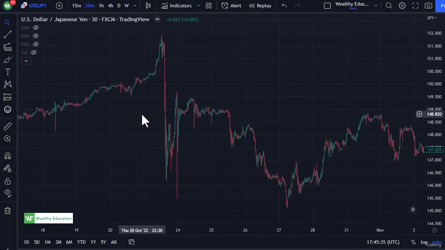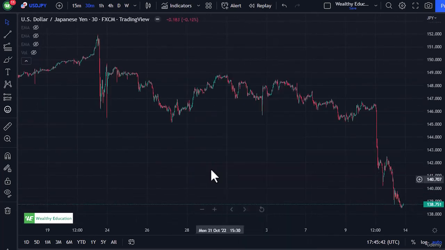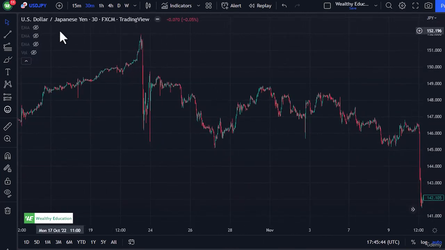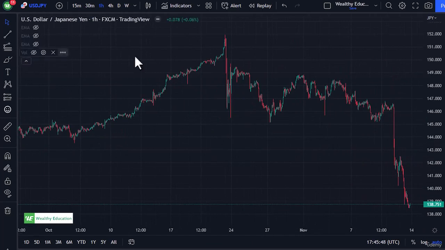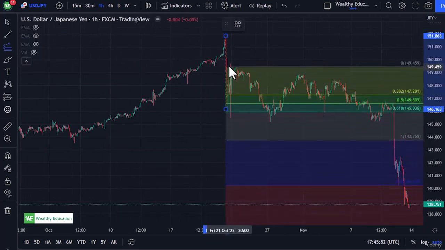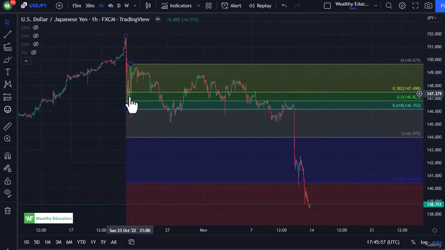So here's an interesting one. I'll do this on the hourly. It'll just be easier to show on the chart. You can see that we had a vicious move. And look what ended up happening.